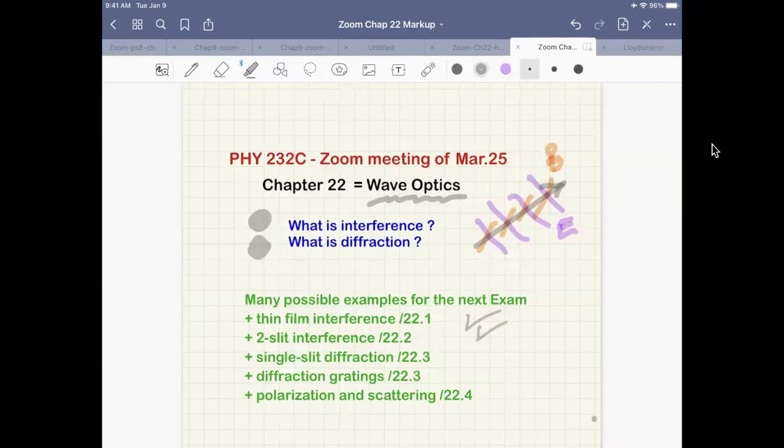That's the famous experiment done by Thomas Young, which really first proved definitively that light has a wave behavior. There's single slit diffraction. When light passes through an opening, it spreads out. That's called diffraction. And that has various consequences.